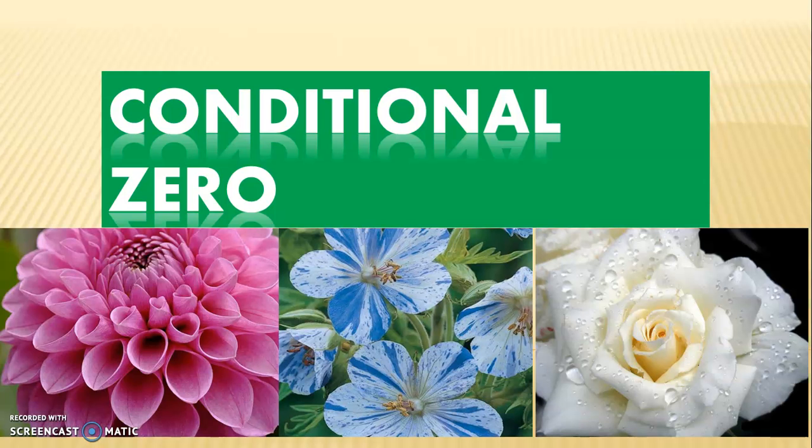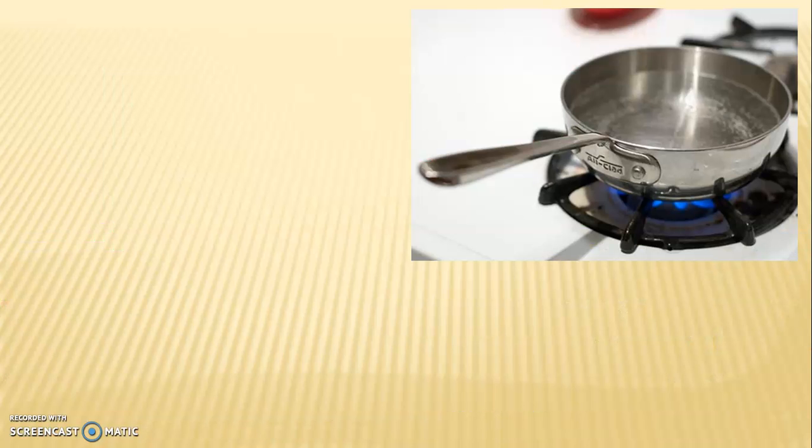That is the presentation. Zero conditional or conditional zero is the same. I have prepared some images to illustrate the conditions. In this example, we have: if you heat water, this is the condition. If you heat water, what happens?